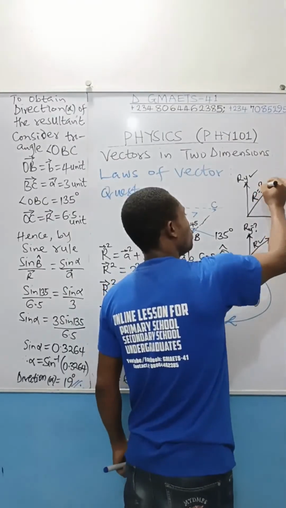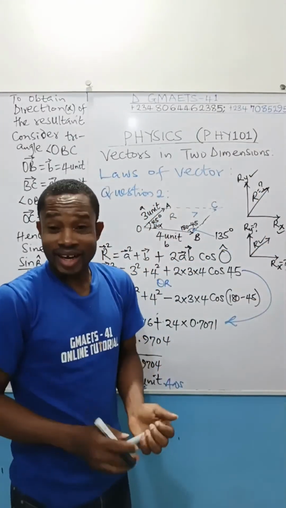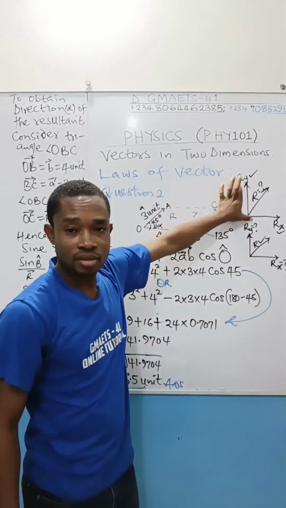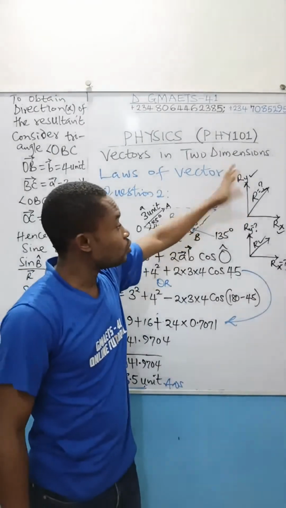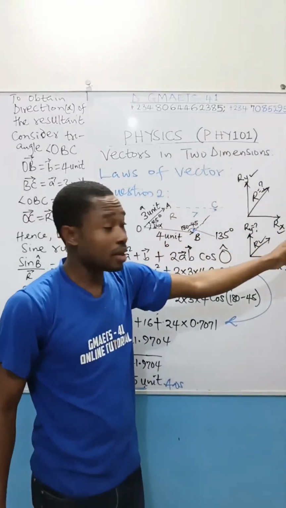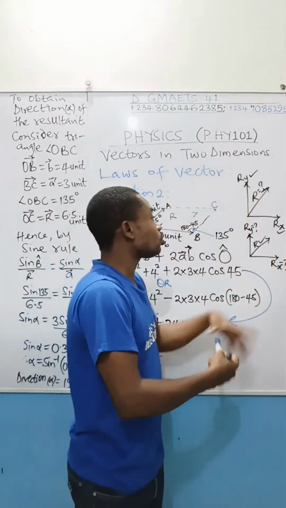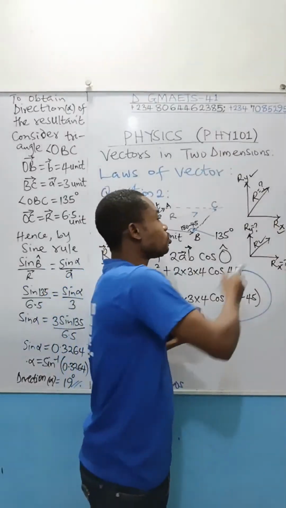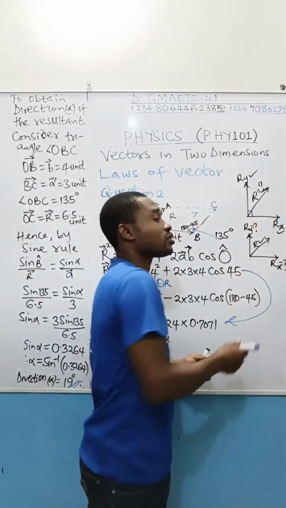Here, we didn't know the resultant. So the one we solved today under Pythagoras is: you know the components of the two perpendicular vectors, vertical and horizontal, meeting at 90 degrees, you do not know the resultant, so we use Pythagoras to solve it.